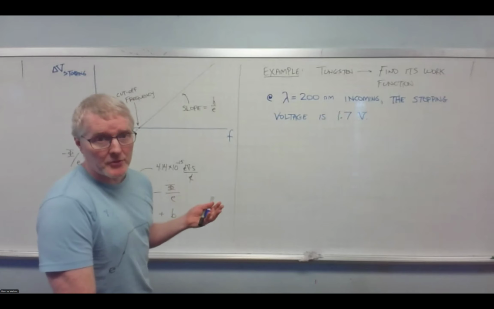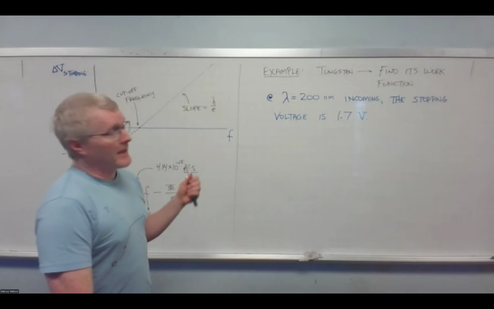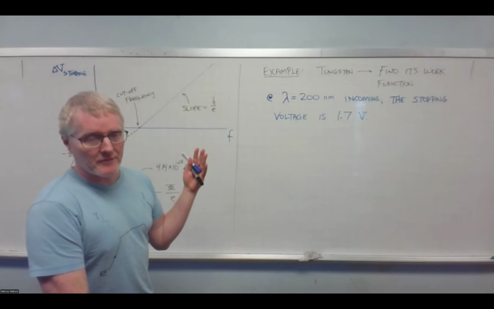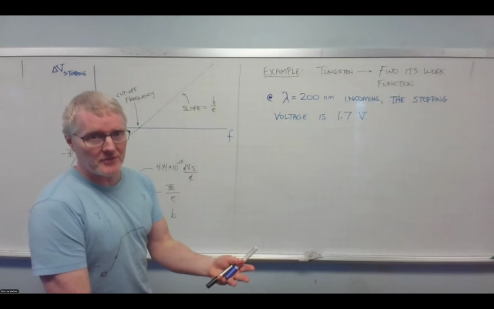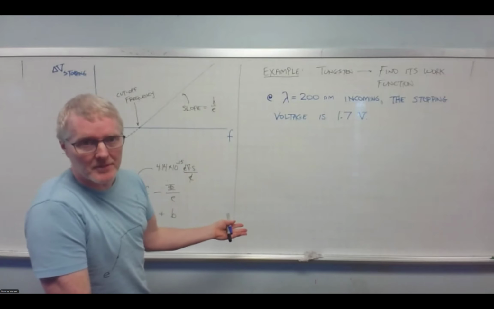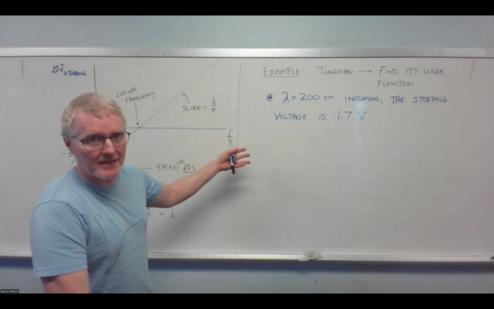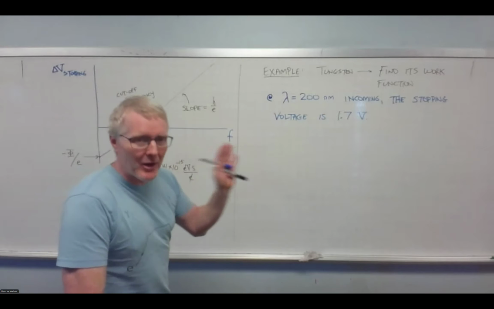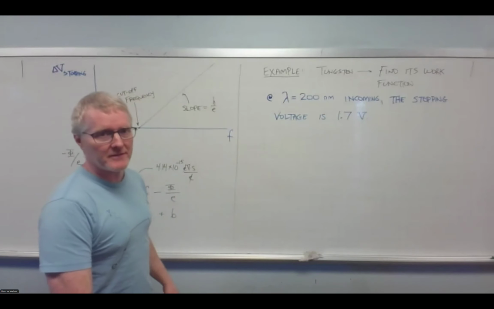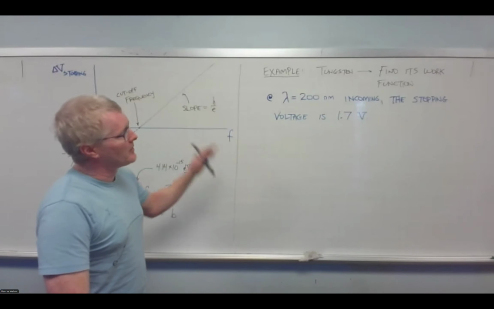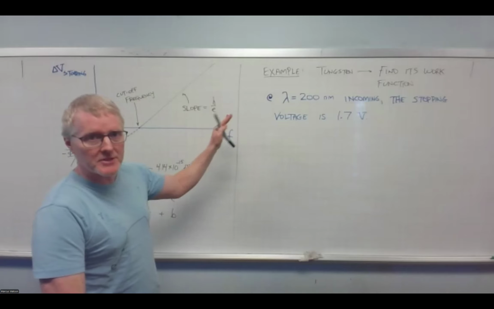Well, we should be able to. Not only that, can we also find, when we found the work function, can we find the cutoff frequency or the cutoff wavelength? Might be more useful. What's the maximum wavelength that I could put in and still barely satisfy a photoelectric effect? All right. Well, we'll get to that in a minute. For right now, let's start with this.